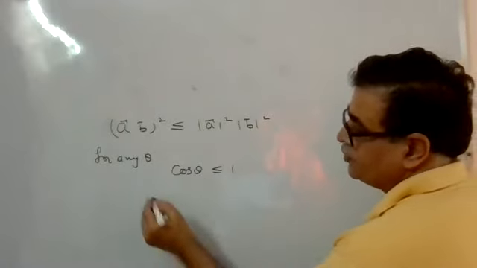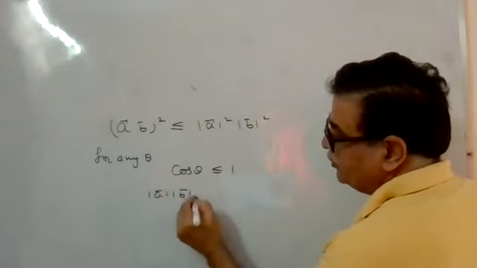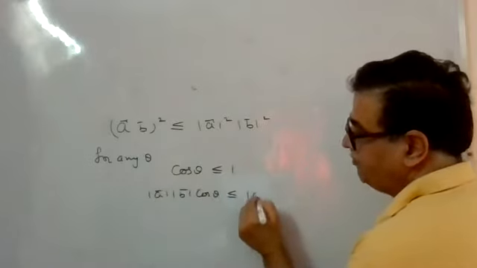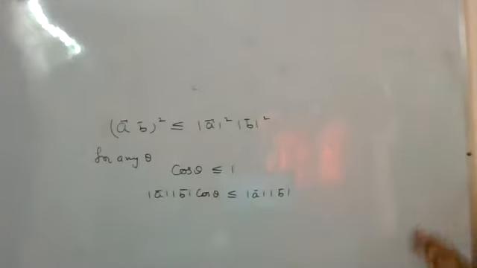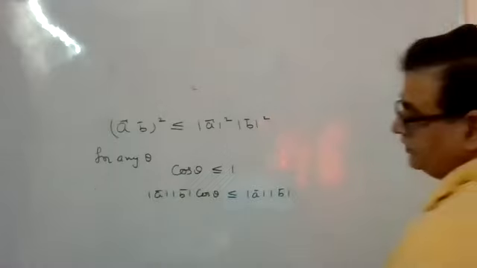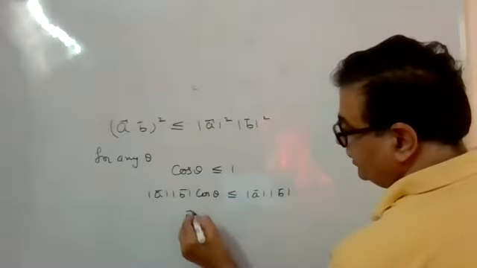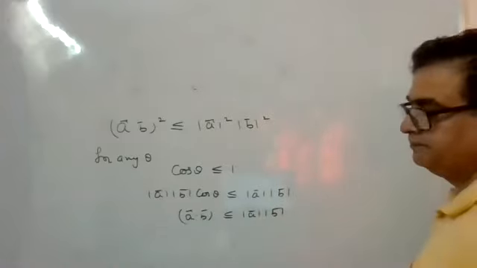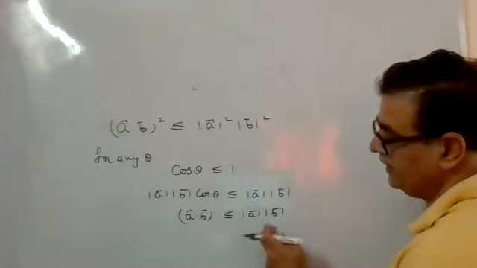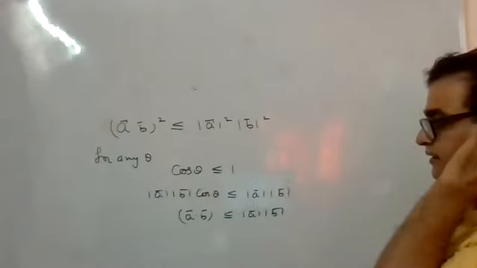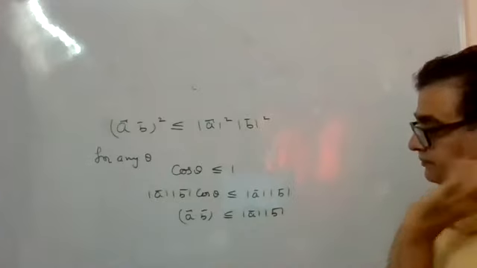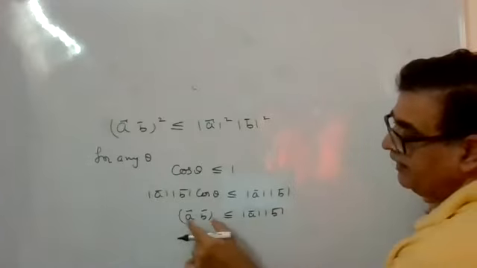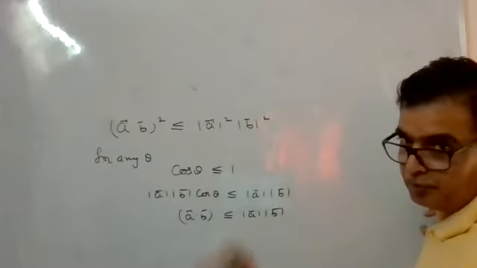If this is there, then magnitude A, magnitude B cos theta is also less than or equal to magnitude A, magnitude B. This is A dot B, and this is magnitude A, magnitude B. And if this quantity is less and they are positive numbers, so what will this come? It will remain positive, and even if it becomes negative, that is already a smaller case, so no problem.